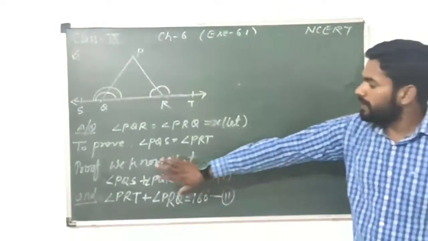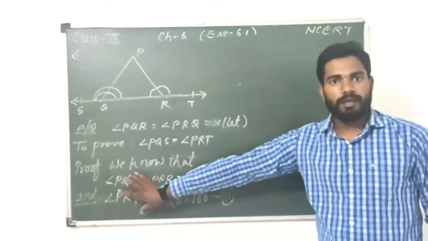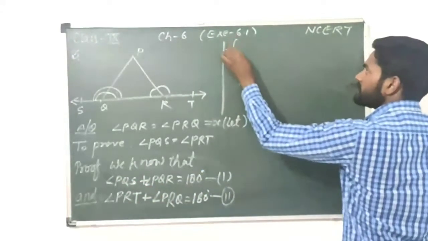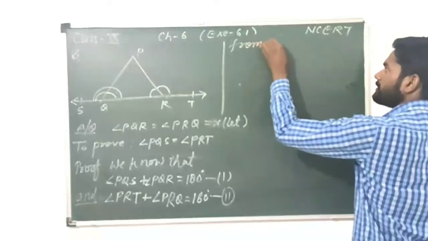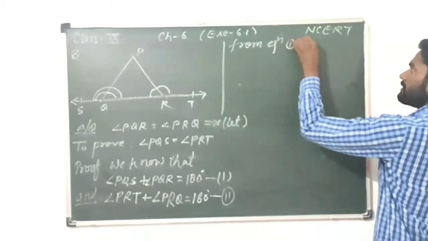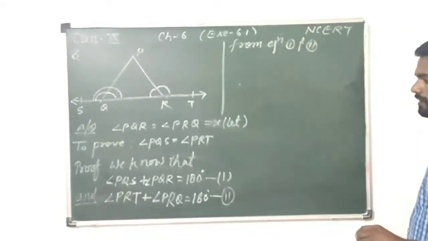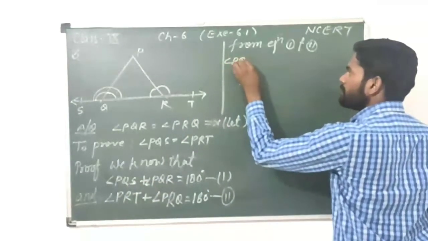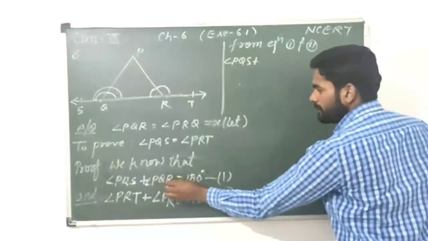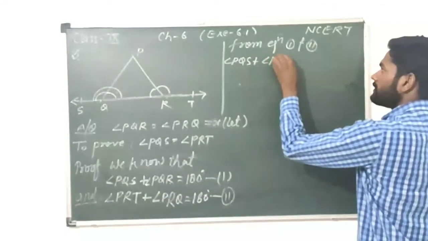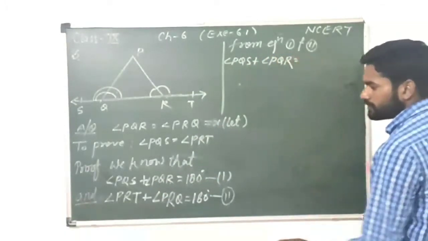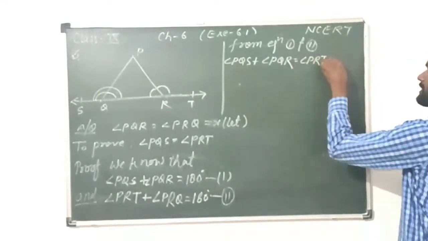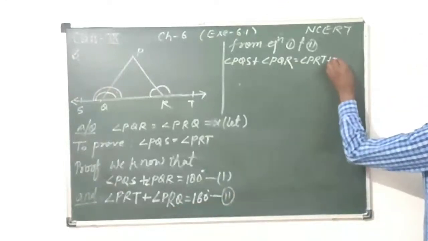RHS are equal, then LHS must be equal to each other, as I told you in the previous video. So from equation 1 and 2, what will we get? Angle PQS plus angle PQR is equal to angle PRT plus angle PRQ.